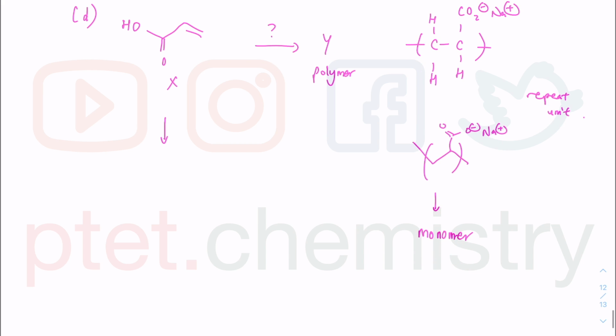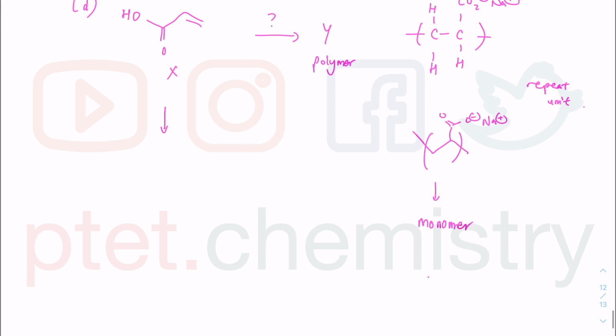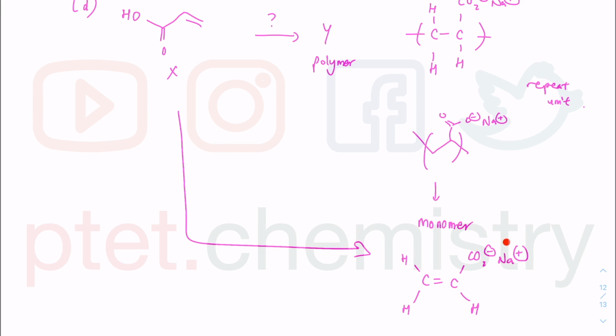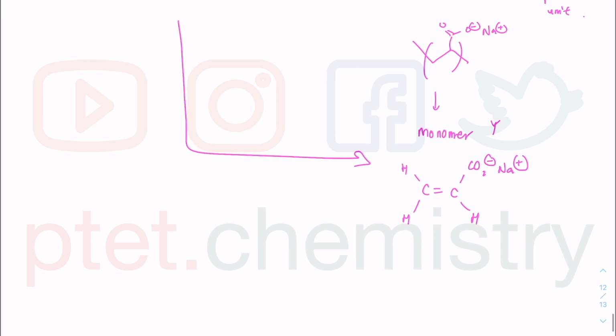Your monomer is going to be C=C with H, meaning I just add the carbon-carbon double bond and then get an H and an H and a CO2 minus and a plus and an H. Question is, how can I get from there to there? What is the structural formula of monomer Y? So this is monomer Y. So I think I got my answer here. That is going to be your monomer Y.